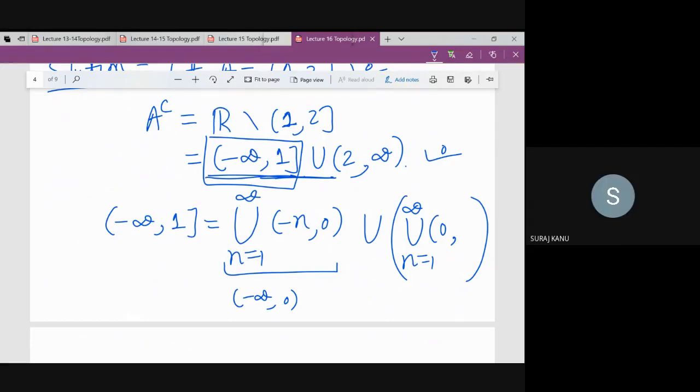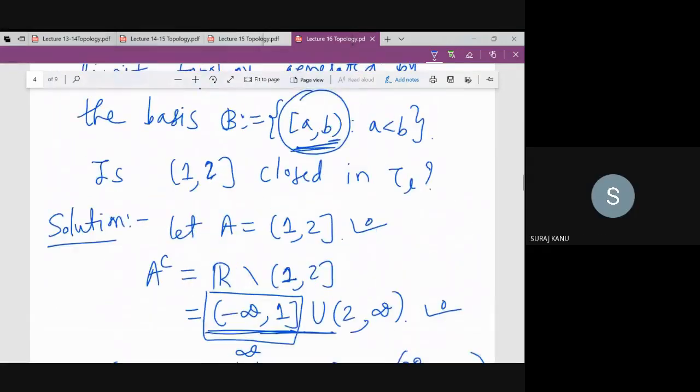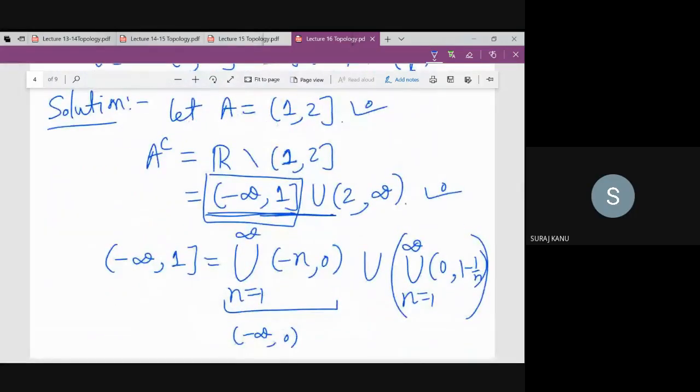Sir, I think we can write minus n comma 1 plus 1 by n. What about this set? But wait, these sets are not in the basis. It should be closed on the left side. So actually I made a mistake.